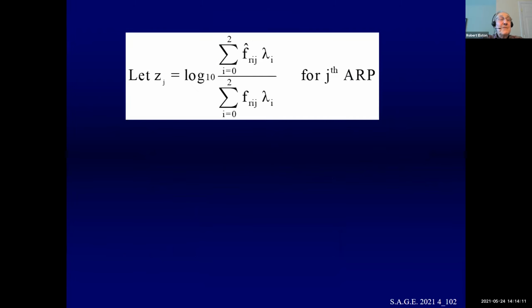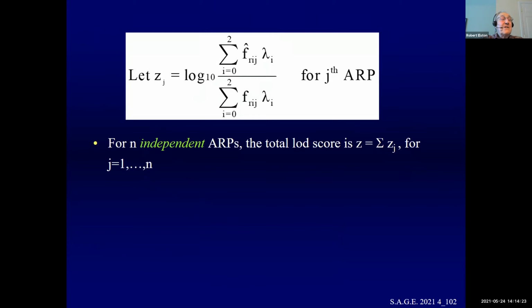Now, let Zj be this for the jth pair. We have lots of pairs of relatives, affected relative pairs. This is it for the jth pair. And if we have n independent affected relative pairs, the total log score is just the sum of these. Now, I am sure if Jane Olson was still alive, she would do something about this assumption of independent relative pairs.